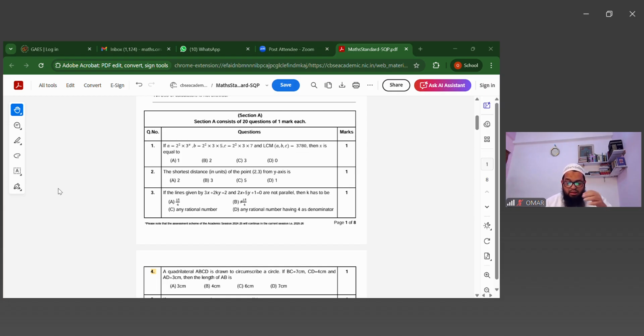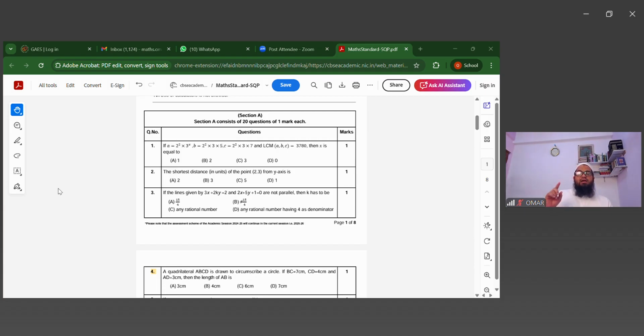So when I have seen the question paper, I could see that if you are good in concepts, yes, you can do all the problems without any difficulty.